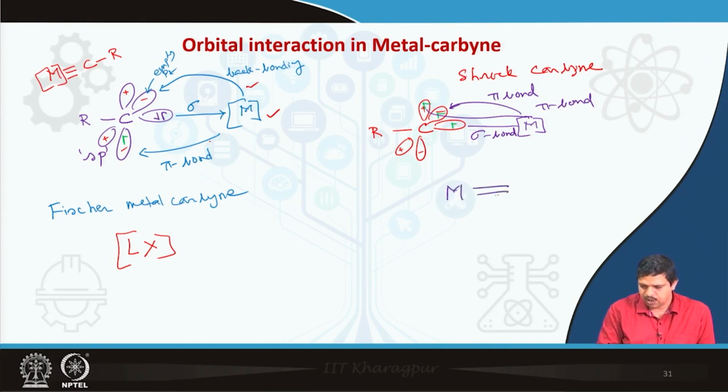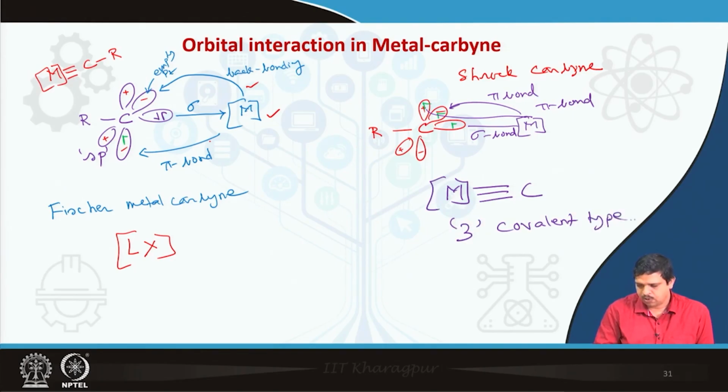So here, metal carbon, you see three covalent type bonds.